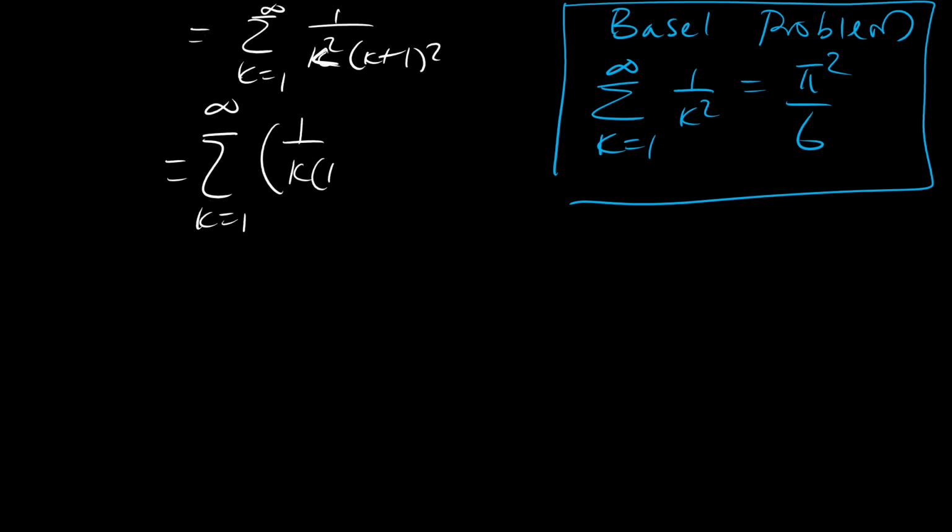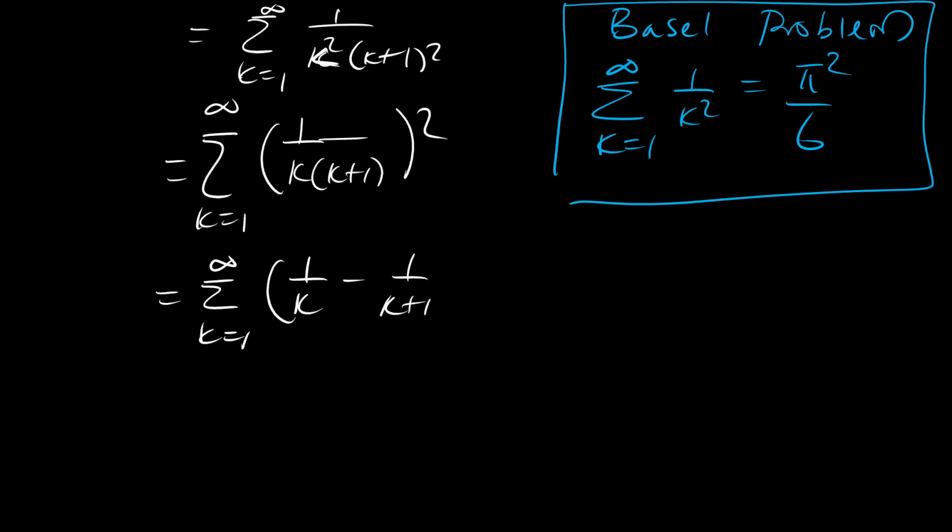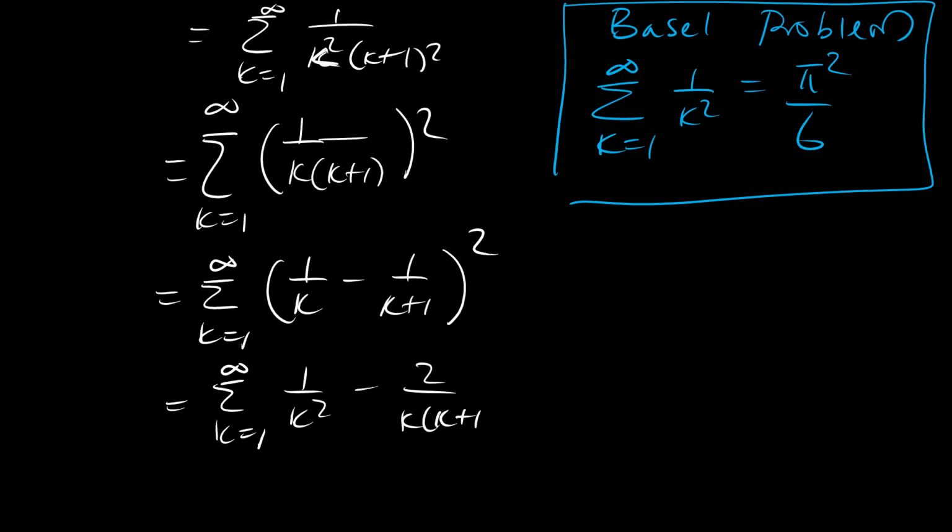I have 1 over k times k plus 1 squared, which can be represented as 1 over k minus 1 over k plus 1, squared. Which is 1 over k squared minus 2 over k times k plus 1 plus 1 over k plus 1 squared.